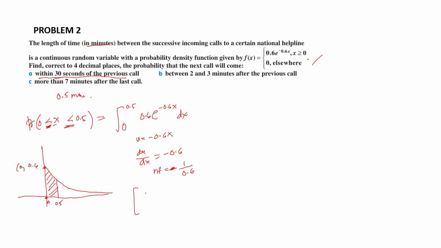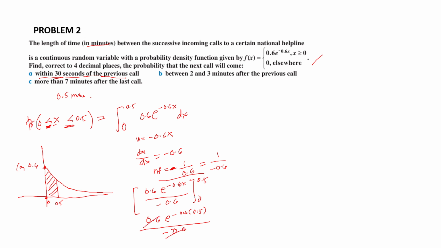So we have 0.6 e raised to negative 0.6x divided by this, or we could have 1 over negative 0.6, because we have to multiply it immediately, since this is our neutralizing factor, from 0 to 0.5. So just multiply here. So substitute the value: 0.6 e raised to negative 0.6 times 0.5 over negative 0.6.